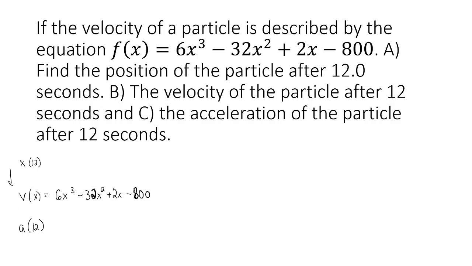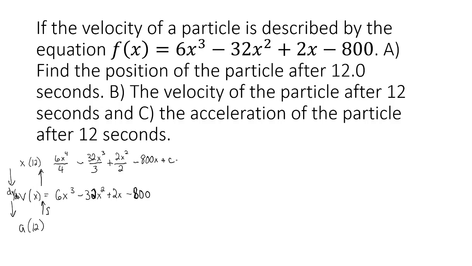Remember, x, v, a: going down is the derivative, and going up is the integral, okay? So if we're going up to position, we're going to use the integral, so that's going to be 6x to the 4th divided by 4 minus 32x cubed over 3 plus 2x squared over 2 minus 800x plus the constant.